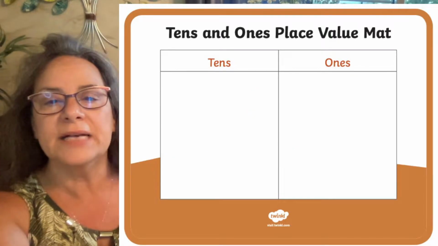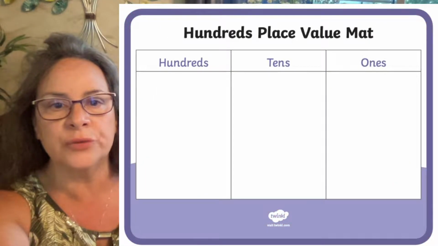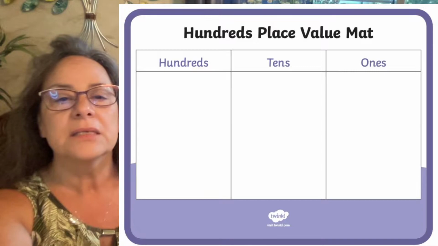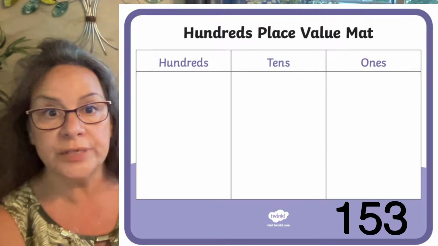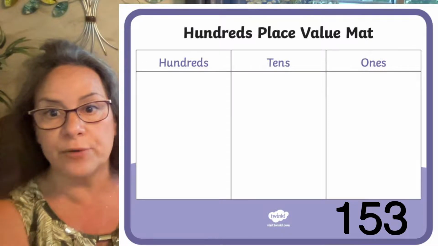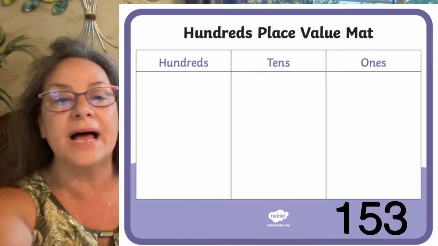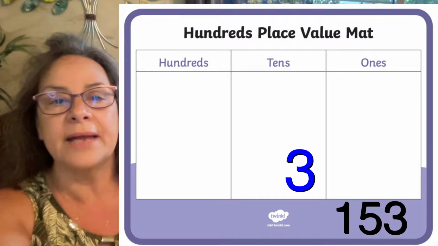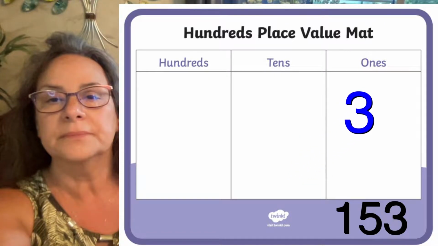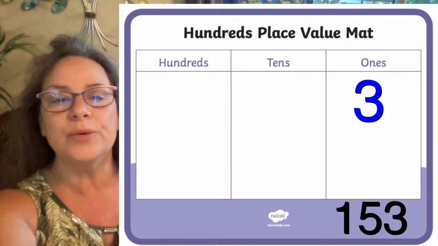Let's take a look at our place value now of 100. So let's say that we have the number 153, all right? In 153, we have 3 ones. But how many tens do we have?